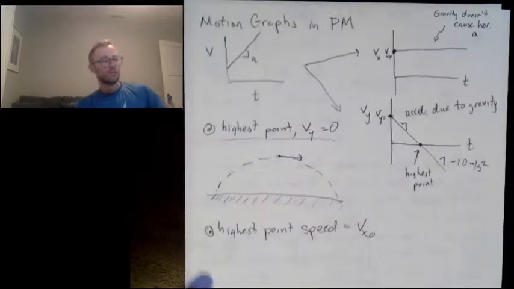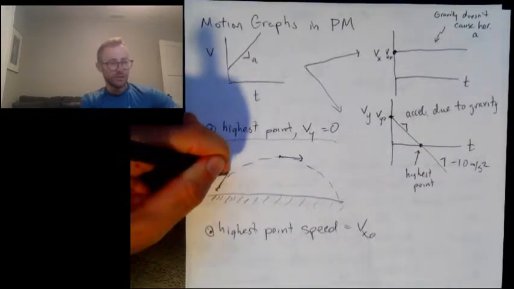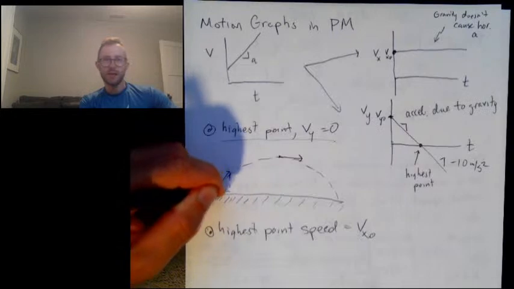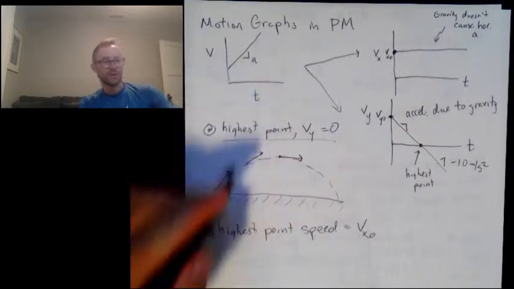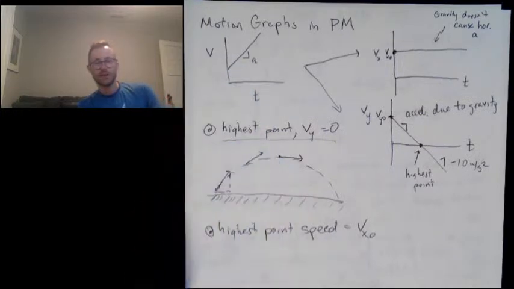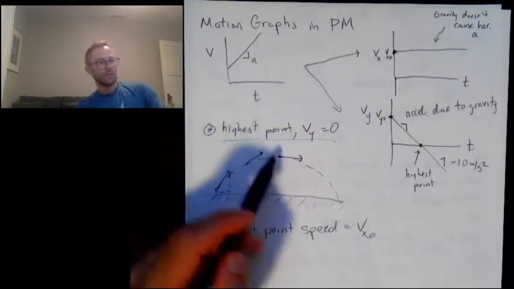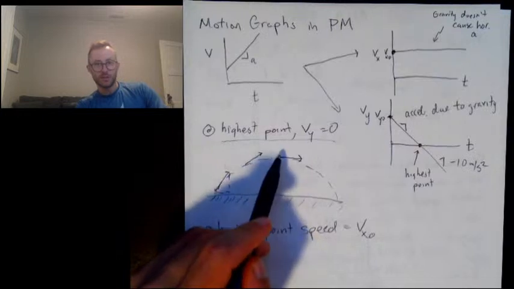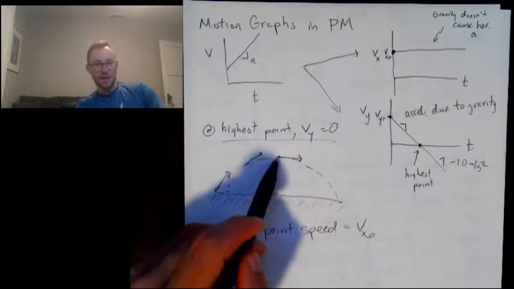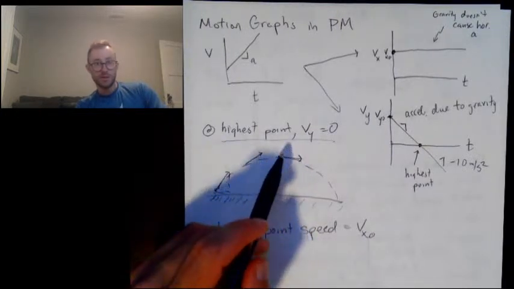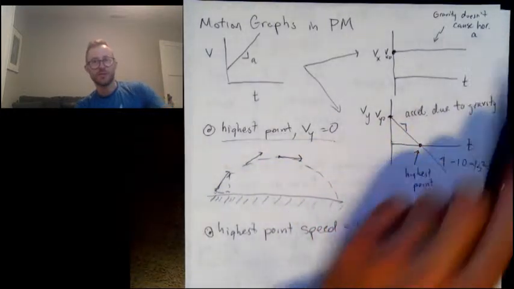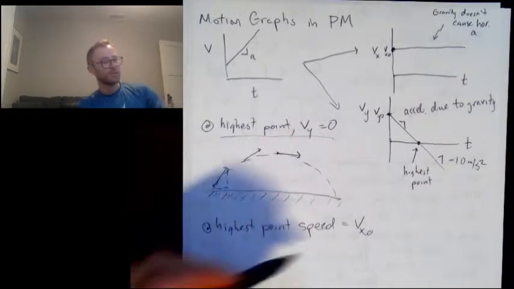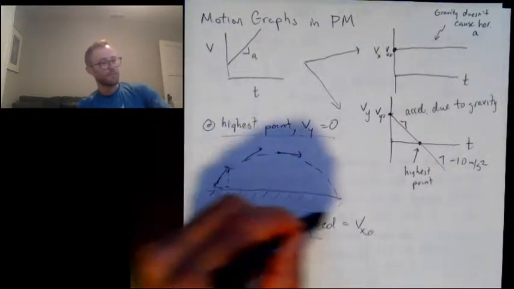Okay, so we can see that initially we start out with a y component to the velocity, and that y component gets smaller and smaller until we get to the highest point where there is no y component to the velocity, and all we have is x velocity. Okay, and the x velocity never changes because gravity doesn't accelerate horizontally. So this is kind of an important point.